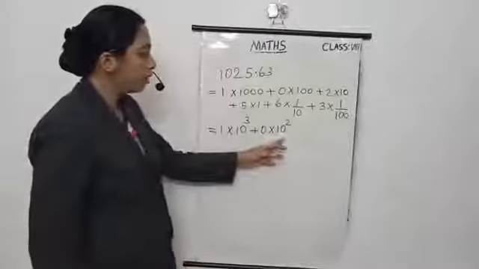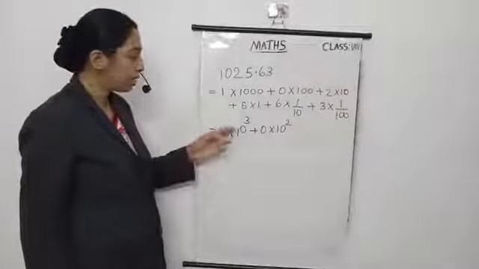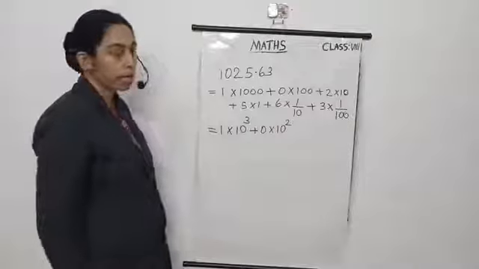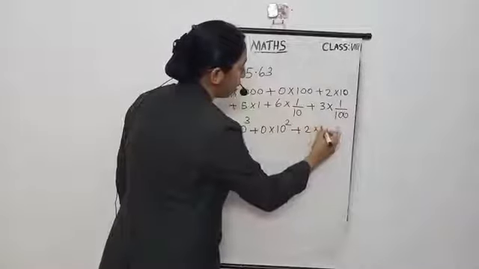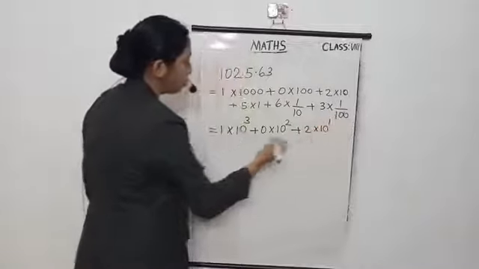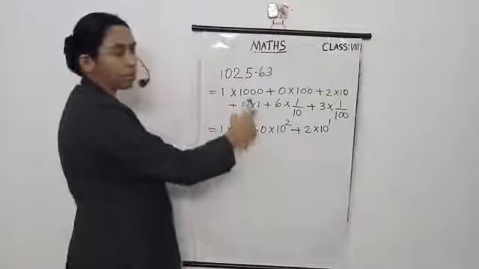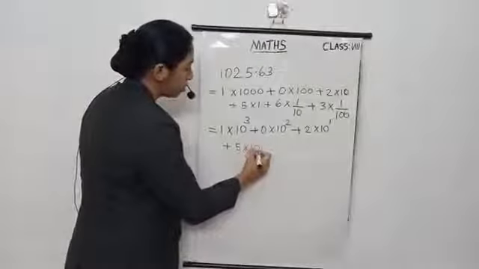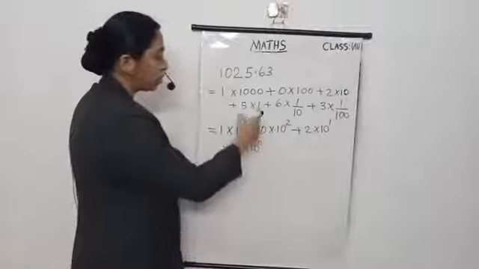Otherwise, 10 into 10 is 100, 10 into 10 into 10 is 1000. 3 times 10; here 2 times, understood? Plus 2 into how many times 10? 1. So 10 raised to 1 plus 5 into, if we get 1, we need to write 10 raised to 0. So 10 raised to 0 is 1.